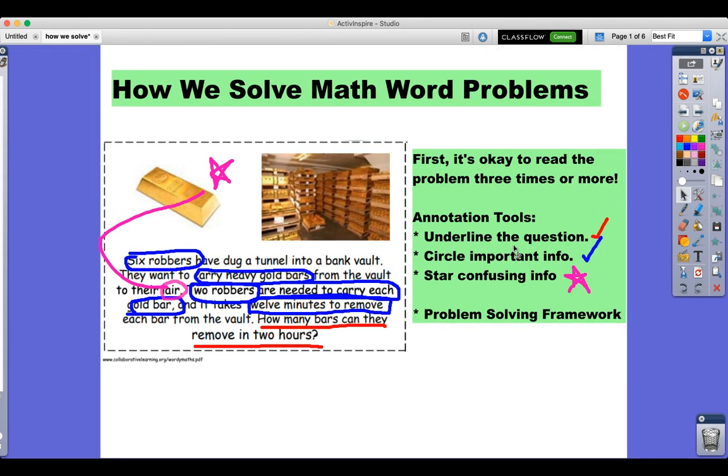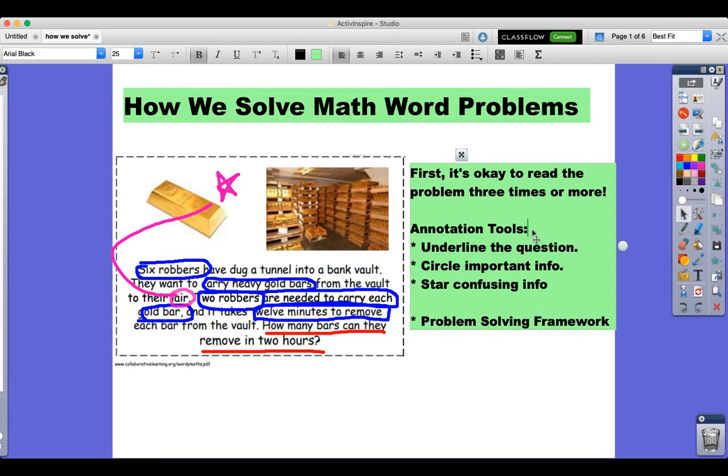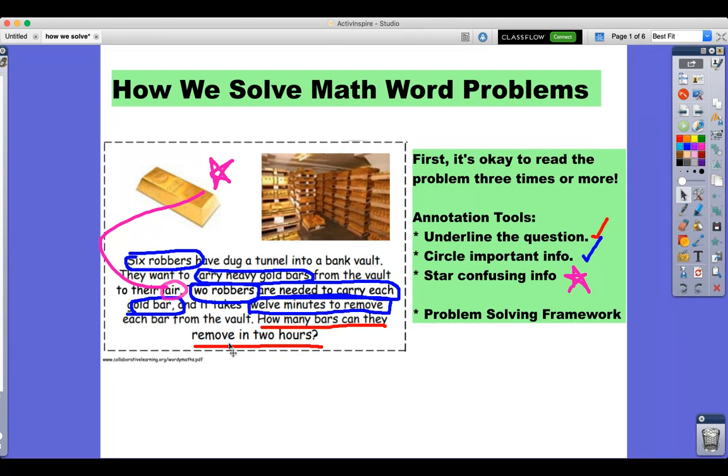All right? Another skill that we learned to solve word problems was to use these things called annotation tools. Now, annotation is just a fancy word for making notes. Okay, so if you see this part right here, think of notes. The three annotation tools that we used this year were underlining the question, like I did here in red.